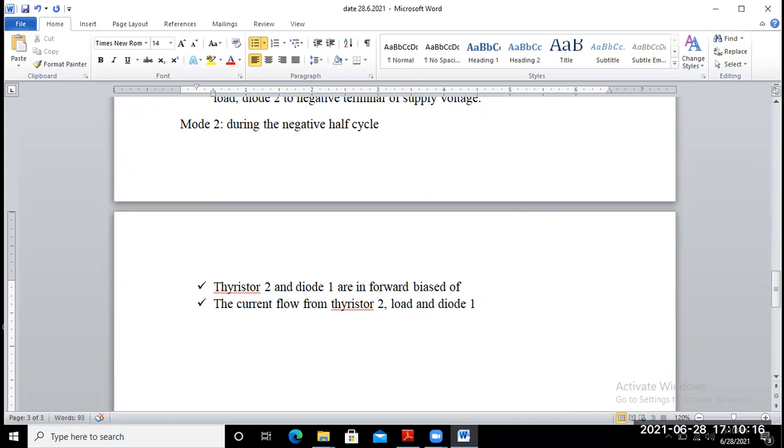Okay, so do not get confused by their position. Biased of figure 2, and the current flows from thyristor 2 through the load and diode 1. So this is the path for this negative half cycle.